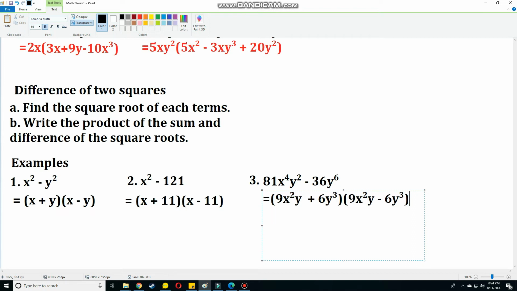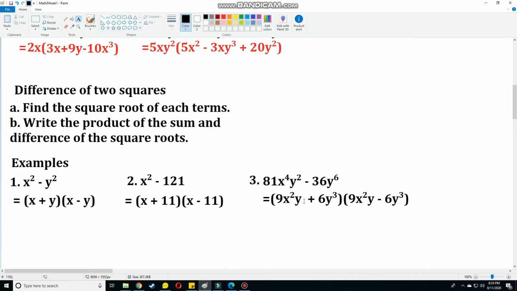That is now our factored form: the factored form of 81x to the 4th y squared minus 36y to the 6 is the quantity of 9x squared y plus 6y cubed times the quantity of 9x squared y minus 6y cubed.